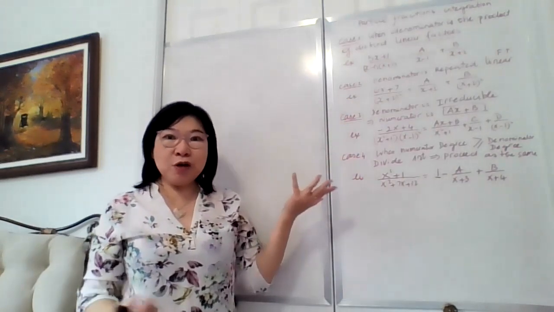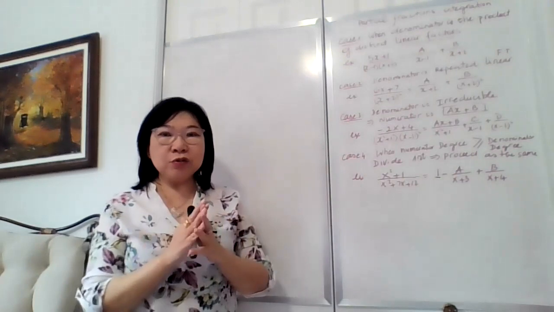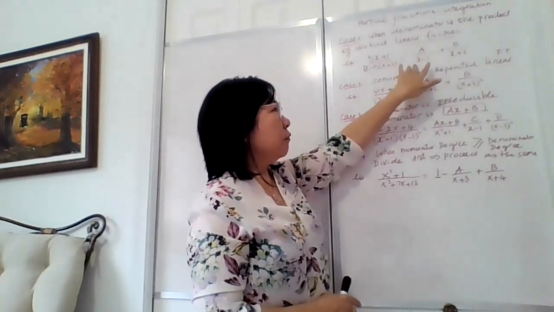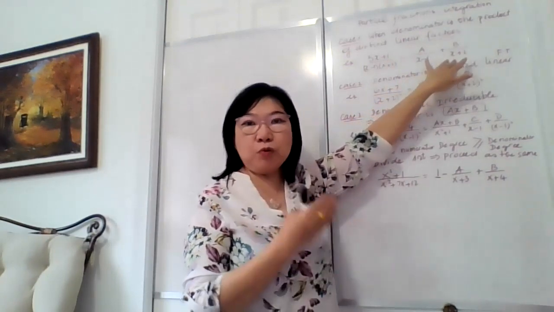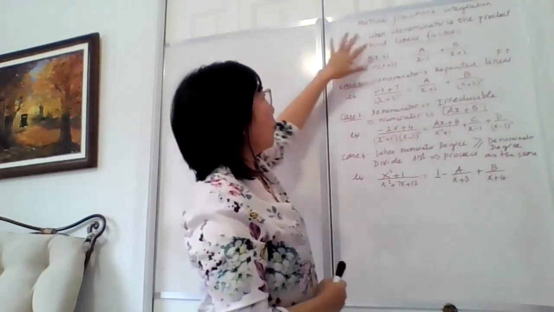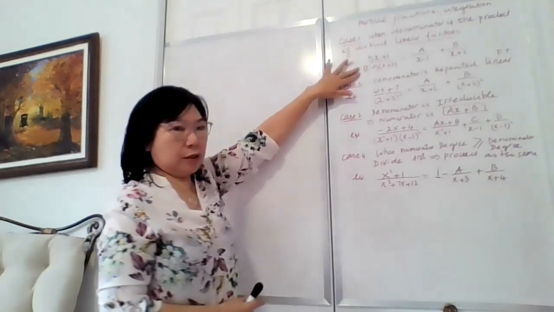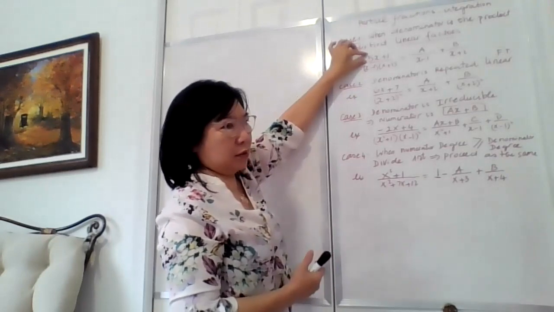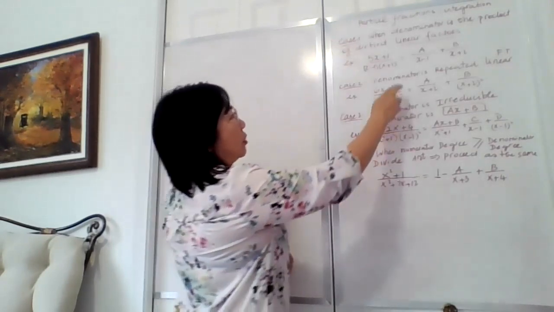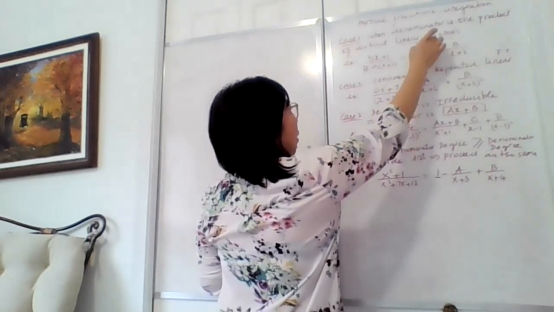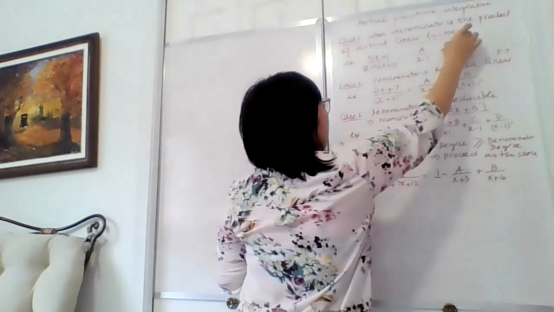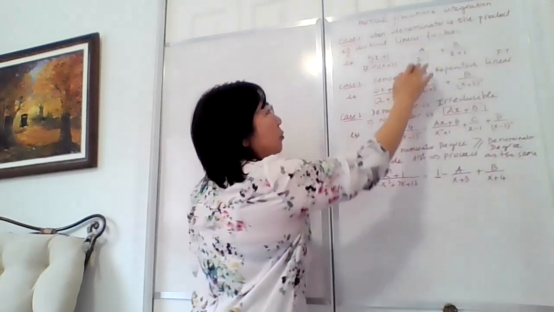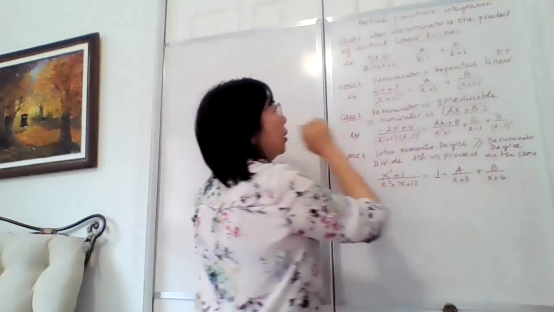The reason is that we don't know what number values go on the top of the small fractions when we break it down. We know if we join them together, the numerator is 5x plus 1. So whatever A and B are, the unknown numbers, we have to represent them by A and B.